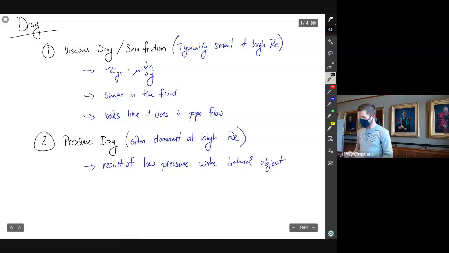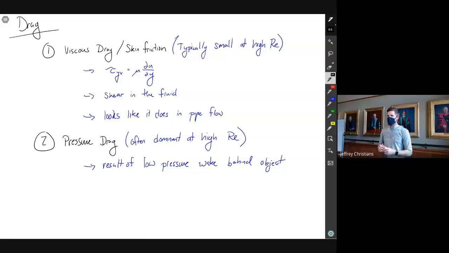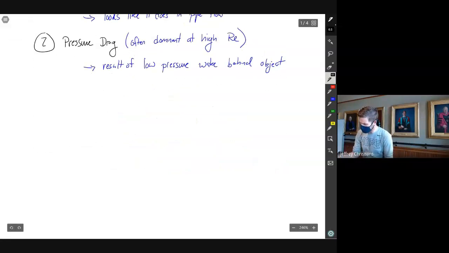Okay, so again, we talked a little bit about what this looks like and why. We're going to just go over briefly. Remember, we'll look at the picture for laminar flow again, and over here we'll look at turbulent flow.